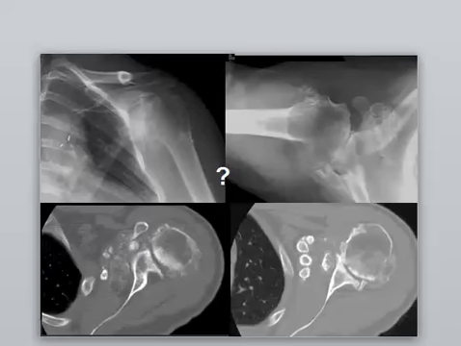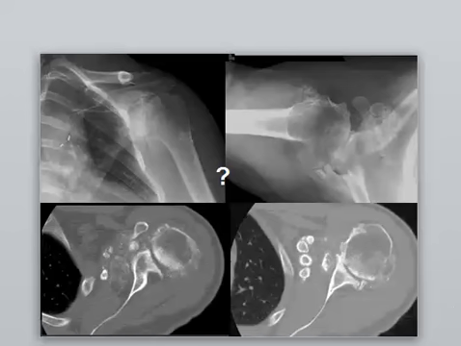Now here we can find that this is osteoarthritic, and we have some new bone formation around, and here these are the loose bodies around the joint. So this is an osteoarthritic joint with multiple loose bodies.